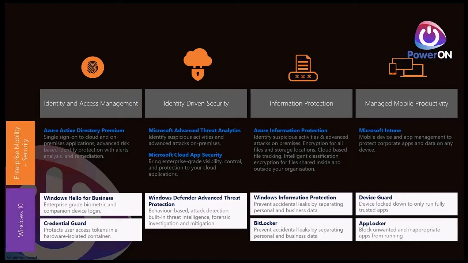So single sign-on to both cloud and on-premises through the same credentials, being able to identify anything suspicious, being able to then respond to those problems, those attacks, and be able to close them down quickly and with confidence of what's being affected and what's gone on in your network.